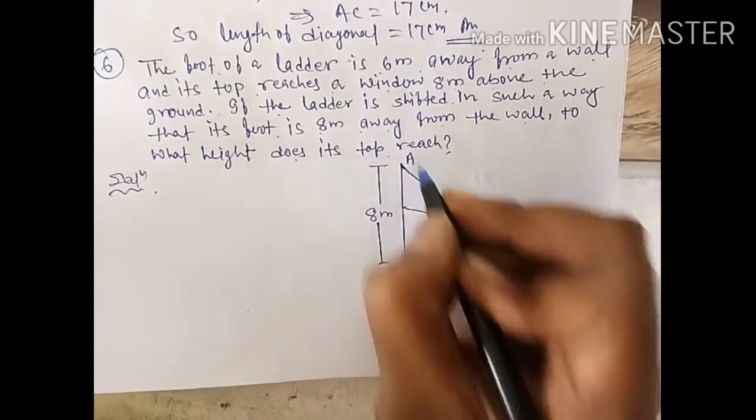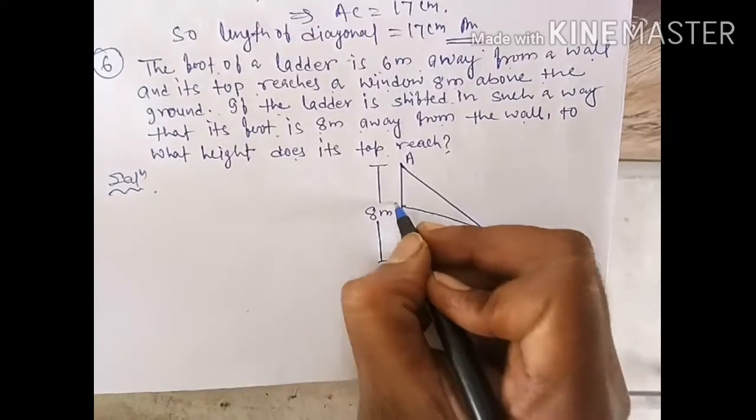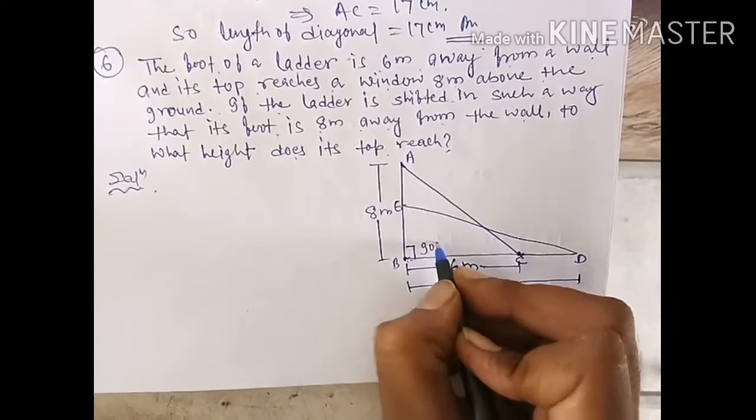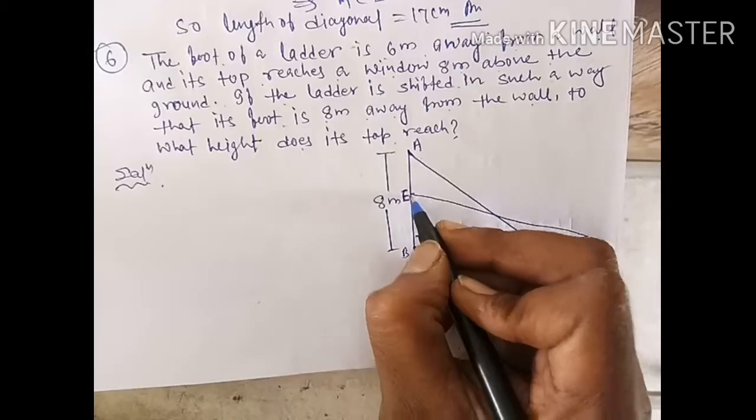Now we take ABC and DE. Here this is the 90 degree angle, the right angle. You have to find the length of BE.